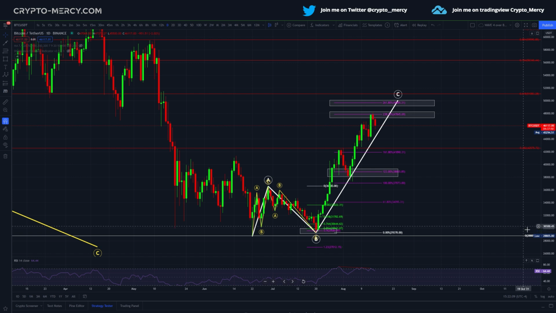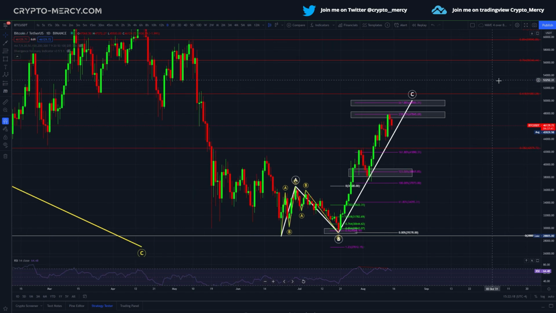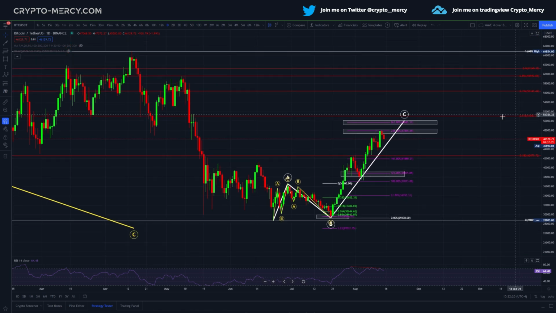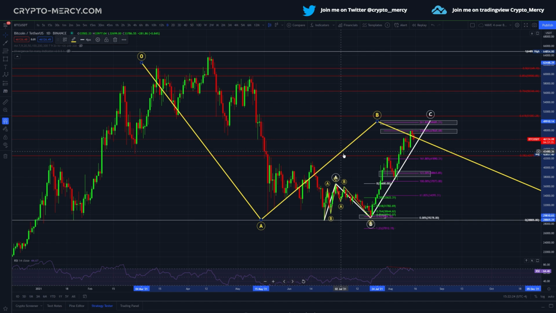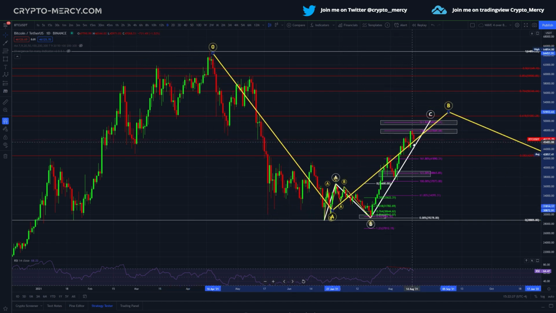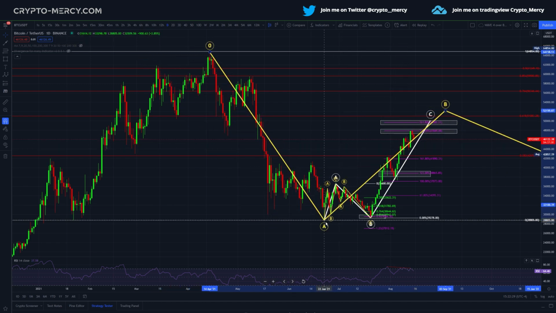If this is not my favorite scenario, like I said, we need to anticipate those resistances, and those fibs here are probable B wave resistance in case Bitcoin is doing a huge ABC. I'm going to show you that right here from the top and the bottom.